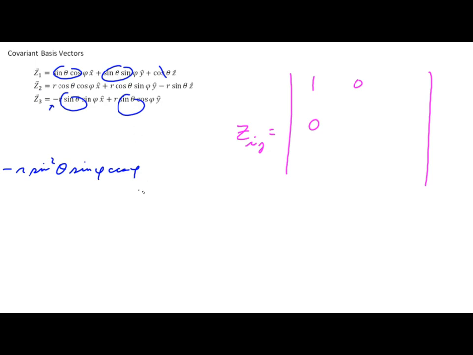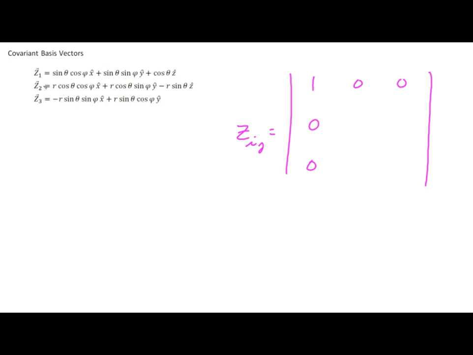And then over here we have positive r sine squared theta sine phi cosine phi, and the two cancel out. Therefore we find that z13 is equal to 0, and therefore z31 is equal to 0 as well.